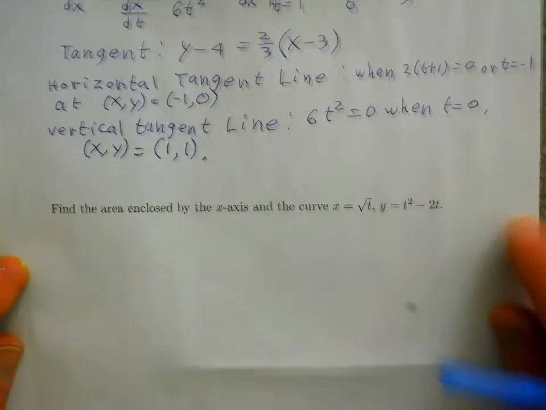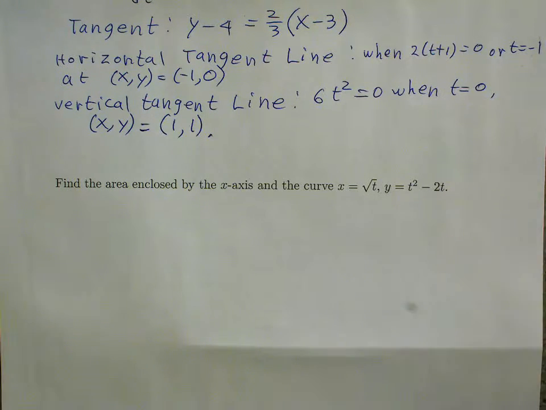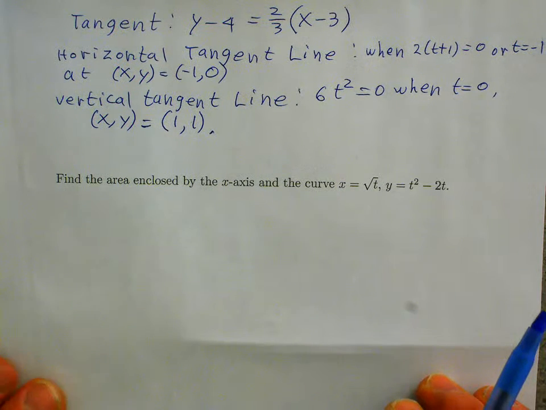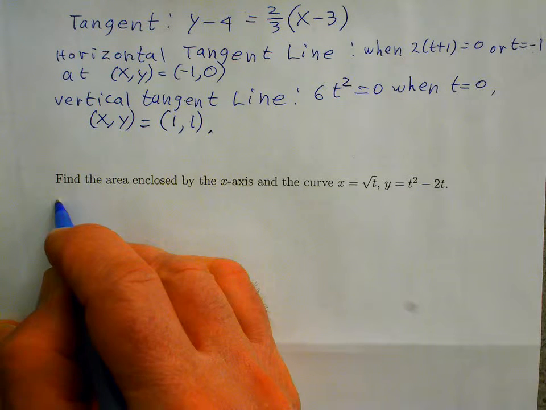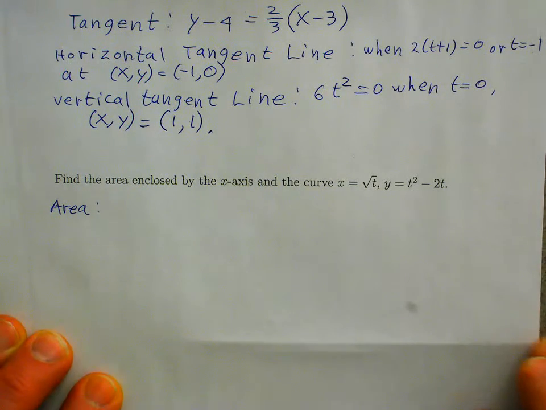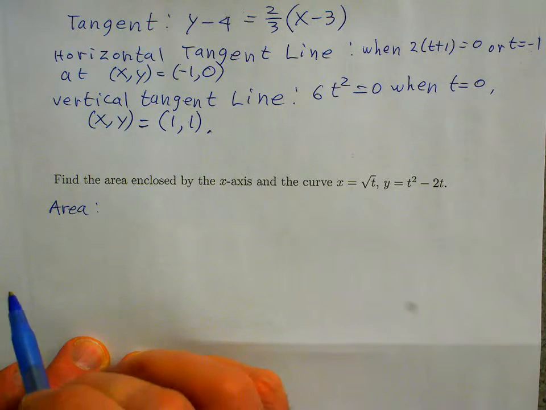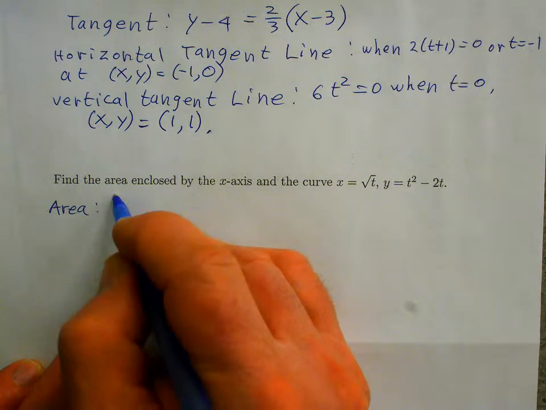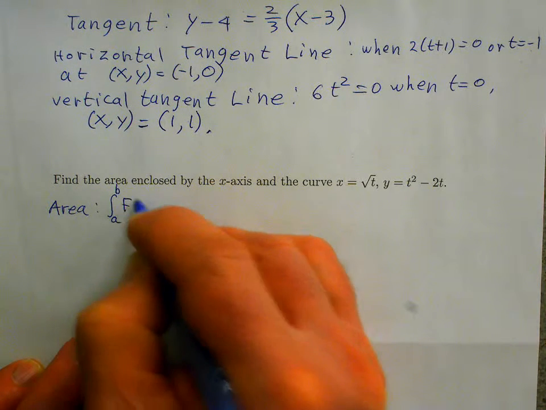Okay, let's try this problem. Find the area enclosed by the x-axis and the curve x equals the square root of t and y equals t to the second minus 2t. Okay, so here's the formula for area. If y is a function of x above the x-axis, then the area is the definite integral from a to b of F of x dx.